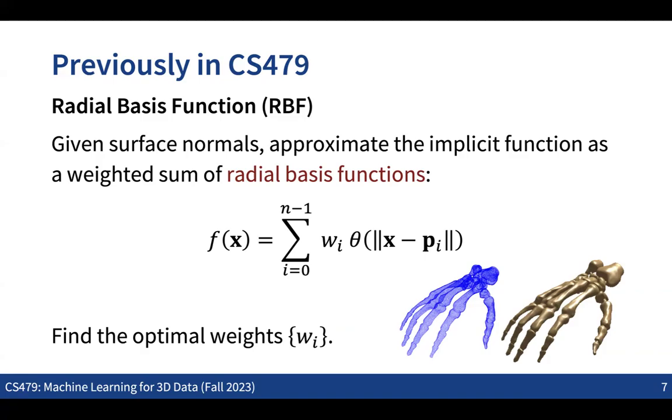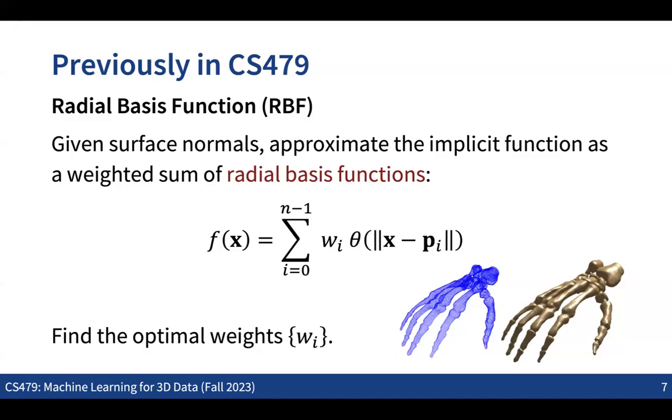As we have n points, we have a weight for each point. So how we can find the optimal weights was the problem here. The thing is that if we only solve this problem with the given points sampled over the surface, the trivial solution becomes zero.